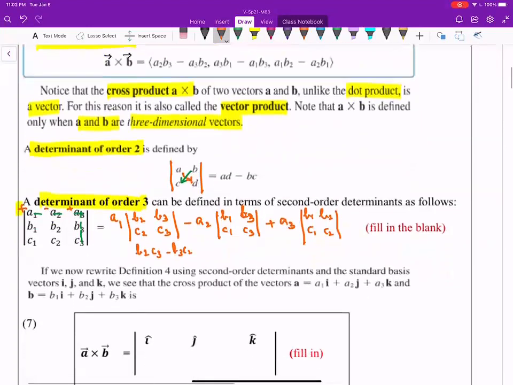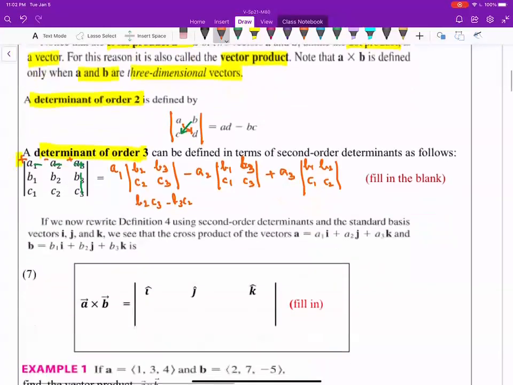If we now rewrite the definition using second order determinants and the standard basis vectors i and j, we see that the cross product of the vectors A, which is A1i plus A2j plus A3k, and B1i plus B2j plus B3k, is A cross B equal to the determinant with the first row being i, j, k, the second row being the components of A, which are A1, A2, A3, and the third row being the components of vector B, which are B1, B2, B3.